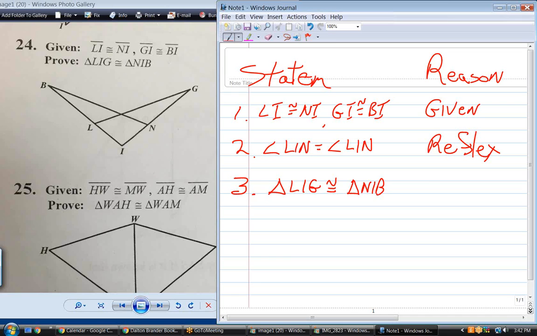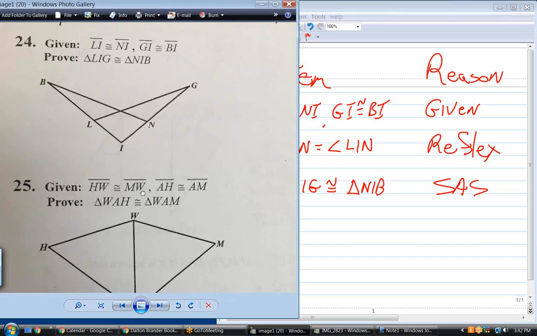And you got angle, side, angle. Is it side, angle, side? Yeah. In other words, you do it in order. We've got that side, that angle, and that side. So you can see that it's side, angle, side. So side, angle, side theorem for congruence. Okay, and that's all we were supposed to prove.